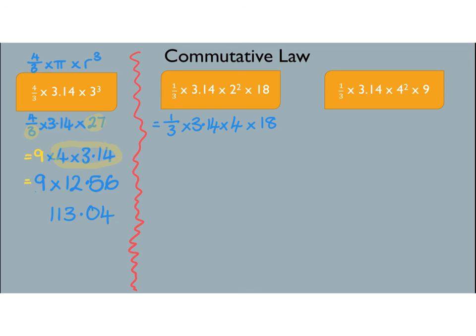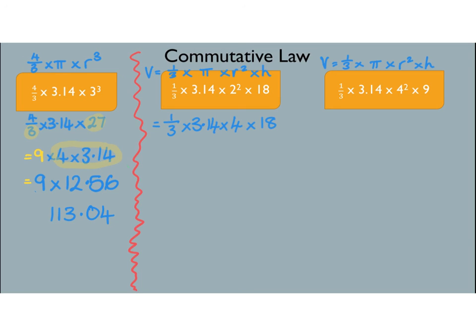Which formula is this one similar to? 1/3 times pi times radius squared times the height. It's the cone, right? This is the formula for a cone. You don't have to remember these, you get them on your formula sheet. I'm just showing you why you've got these questions, because we're building up to be able to find the volume of a cone.